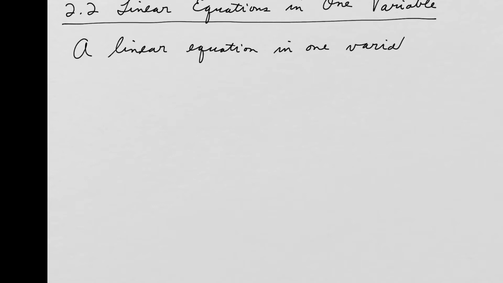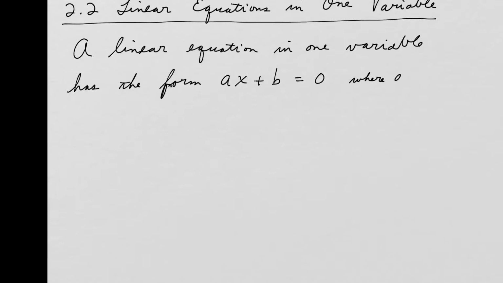A linear equation in one variable has the following form: Ax plus b equals 0, where a is not equal to 0, otherwise it wouldn't be a linear equation.